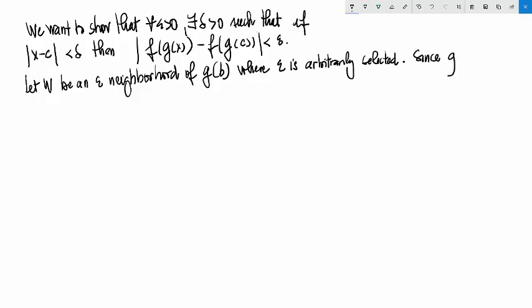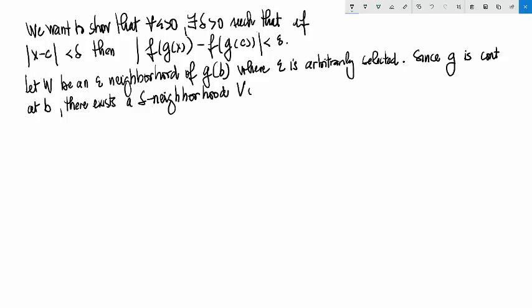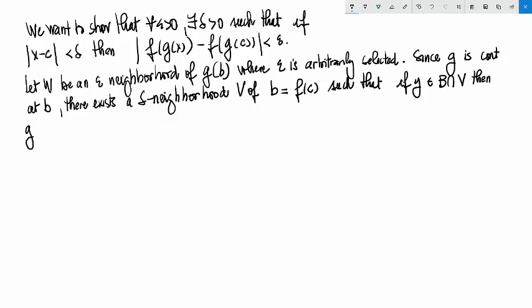Since g is continuous at b, little b, there exists a delta neighborhood V of b, which is f of c, such that if little y is in B intersect V, then automatically g of y is in W.